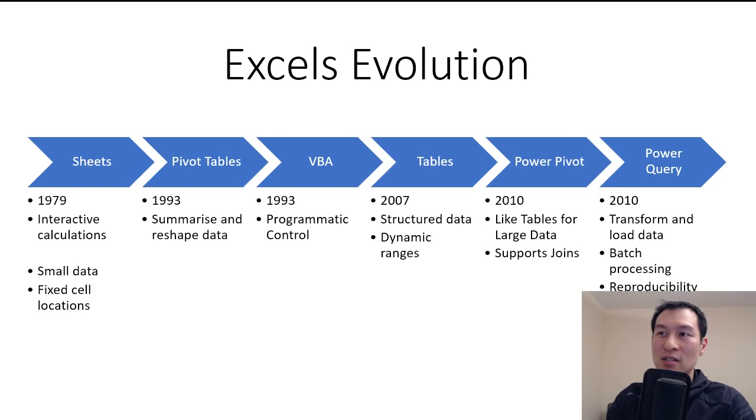It's got batch processing and reproducibility. Now, I mentioned before that reproducibility was a really important concept when you're getting into things like data analytics and data science. And what does that mean exactly?